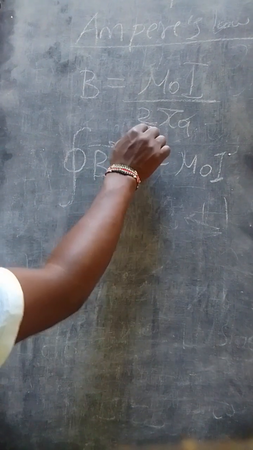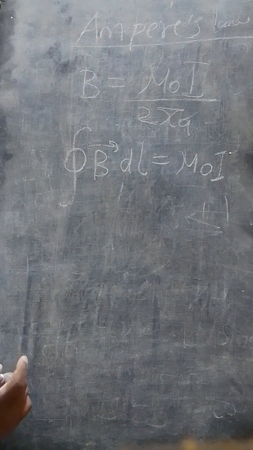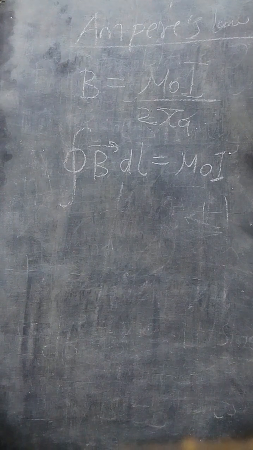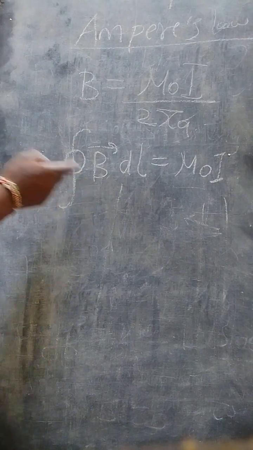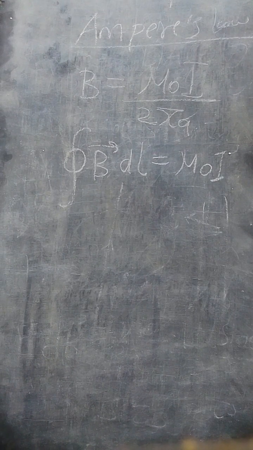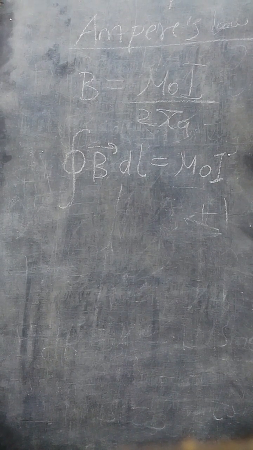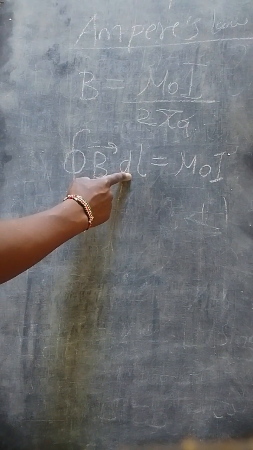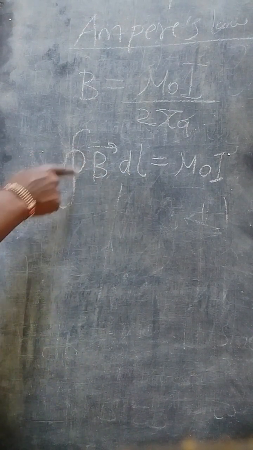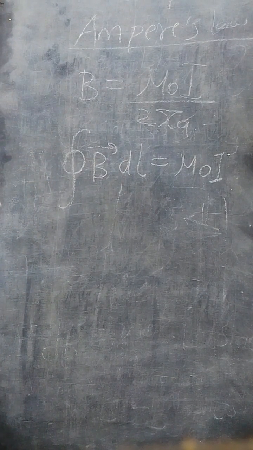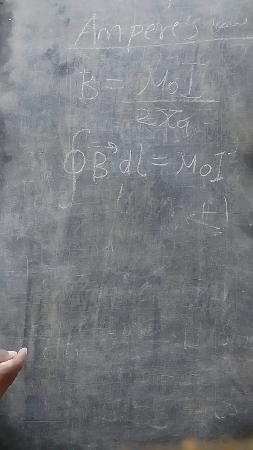So I solve this one into this, and we will say this is Ampere's law, which says that the integral of the product of B, that is the magnetic field, and the dl around a closed loop, this is to show it's a closed loop, is equal to current times this constant.